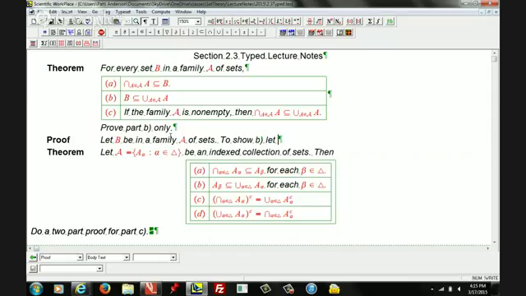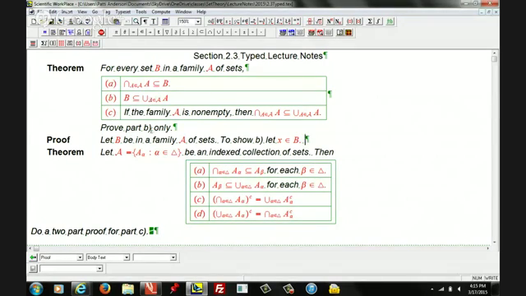So what do we assume? X has to be in the inside set, and then we have to show it lives over here. So if X is in B, what do we know?